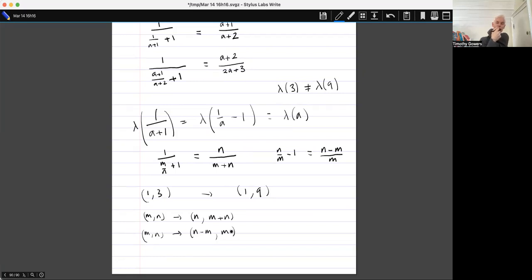So is there something that's invariant under these operations that will distinguish between 1, 3 and 1, 9? Now, it's not the highest common factor. We know that because these two pairs have the same highest common factor. But what else could it possibly be? Why can't I just get from 1, 3 to 1, 9?